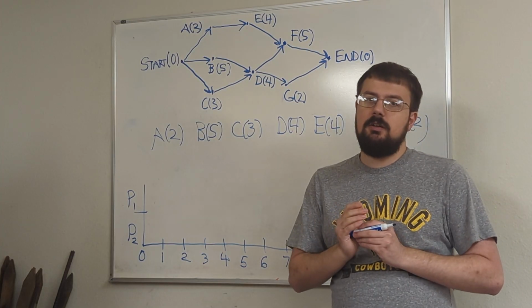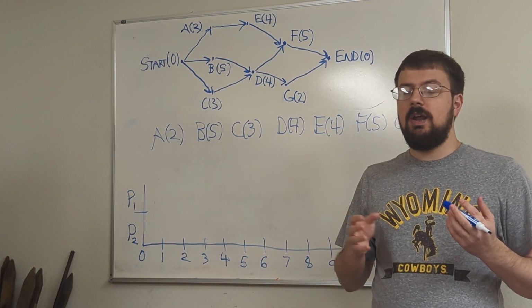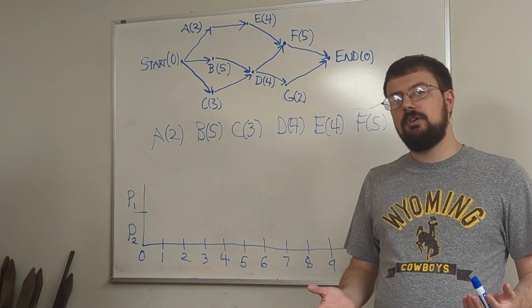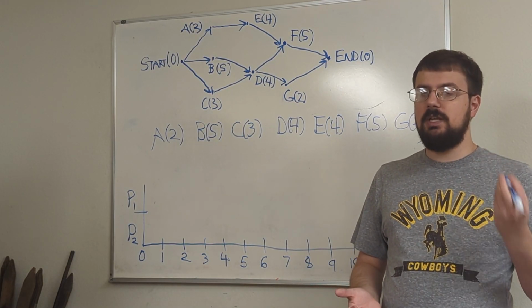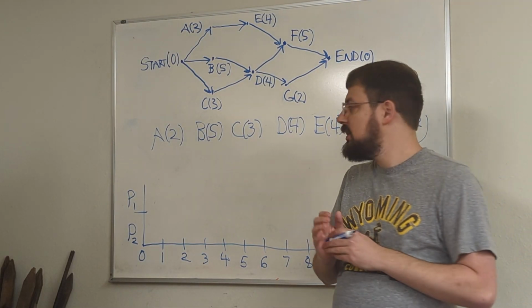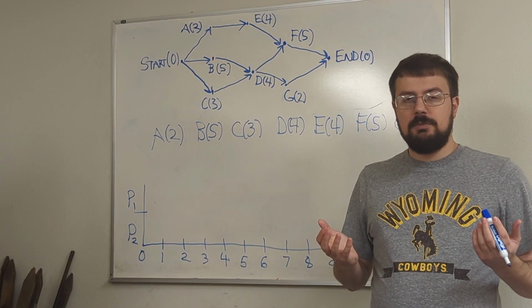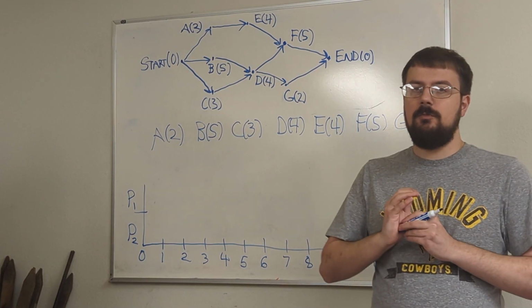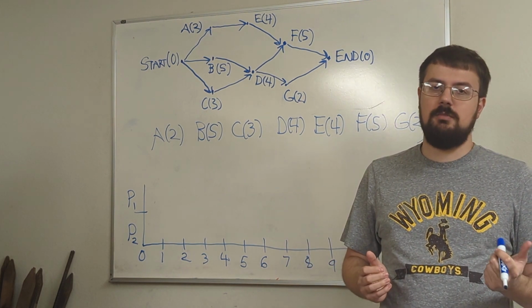In this case we assign that processor the highest task on our priority list that has not been completed or is not currently being worked on. In the event that there are no eligible tasks, then that processor just has to remain idle until there is an eligible task that can be worked on.